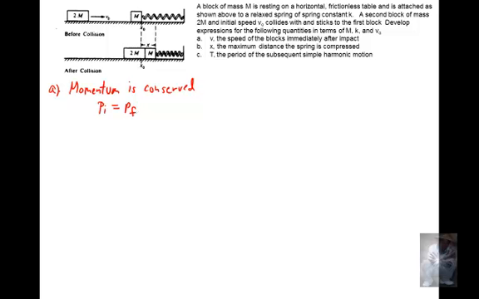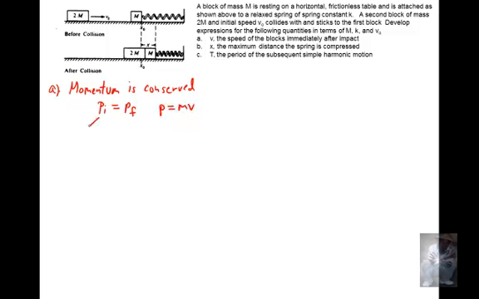Now, the problem tells us that this is a completely inelastic collision, so we know that the masses are going to combine afterwards and stick together. In general, we know that the momentum is equal to M times V.